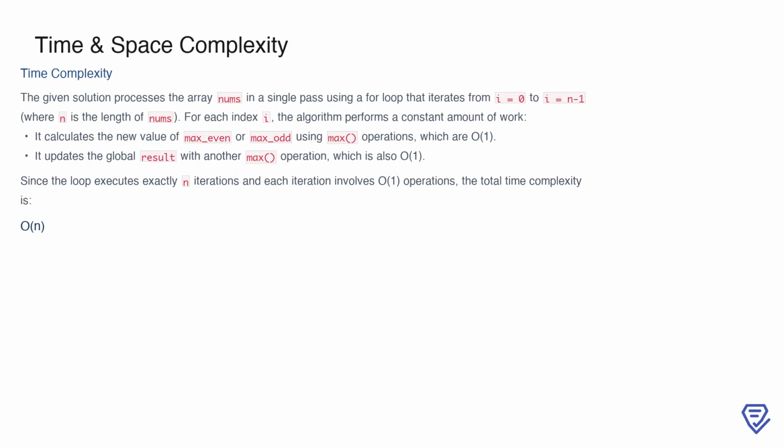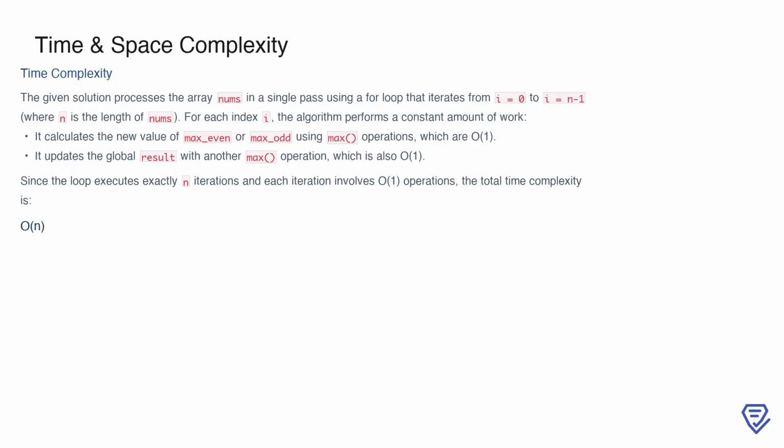To analyze the time complexity of the solution, let's consider how the algorithm processes the input array nums. It uses a single for loop that iterates through the array from the first index to the last. For each index, the algorithm performs a constant amount of work. Specifically, it calculates the new values of max_even and max_odd using the max function, which is an O(1) operation.